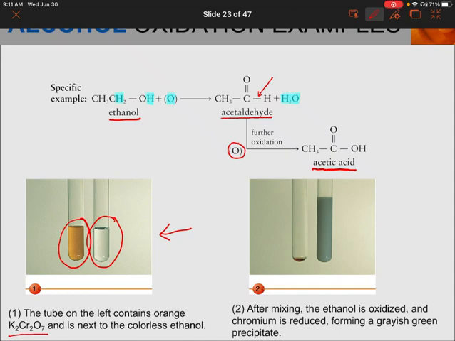Once we add the oxidizing agent to ethanol, by pouring it into the other test tube, the ethanol is oxidized and the chromium atom from potassium dichromate is reduced. So it gains hydrogen atoms, or rather loses oxygen atoms, and we form this grayish green solid. This is one test you can do to see what type of alcohol you have.